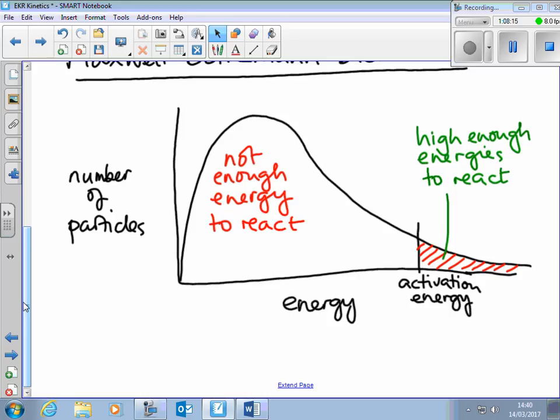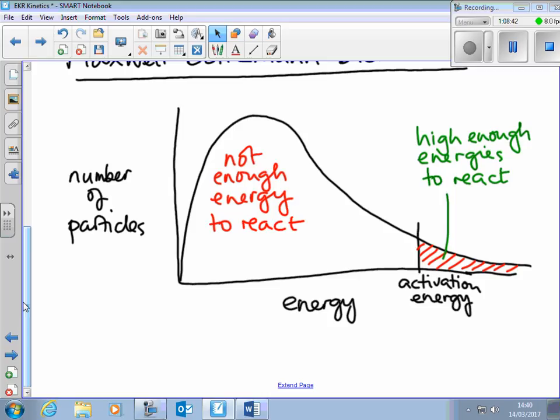It doesn't quite work like that necessarily. If you increase the temperature, of course, you actually will push the curve to the right, so more of them will have activation energy. So a lot of the things that we need to be able to explain in terms of the effects of changing conditions on the rate of reaction, we can illustrate with this Maxwell-Boltzmann distribution.